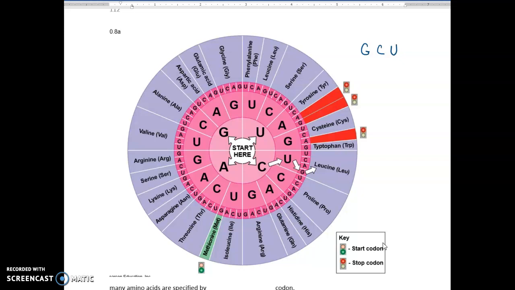We start here in the middle, and we hit the G, and then the next letter was C, and the last letter I picked was a U, and so this will code for alanine. You can see there are lots of duplicates. I could have had G, C, C, and I'd also get alanine.